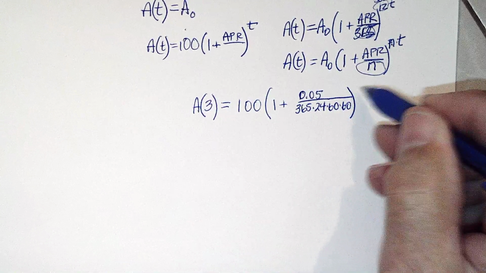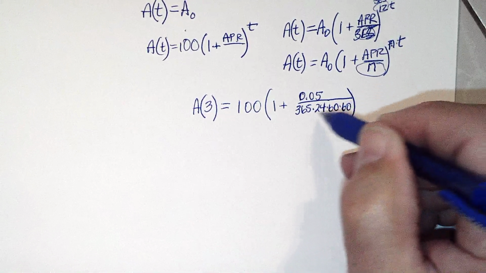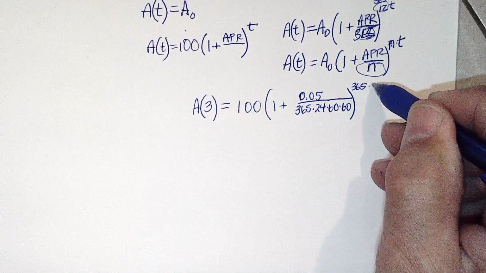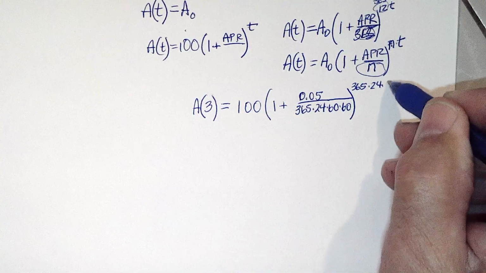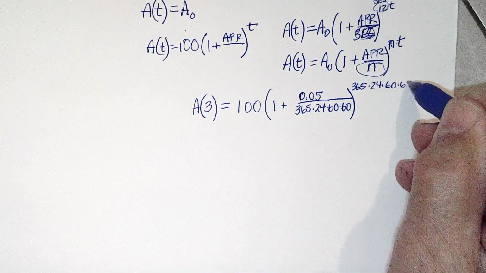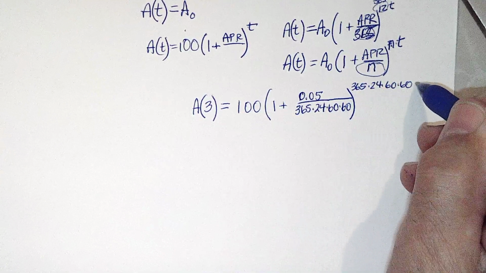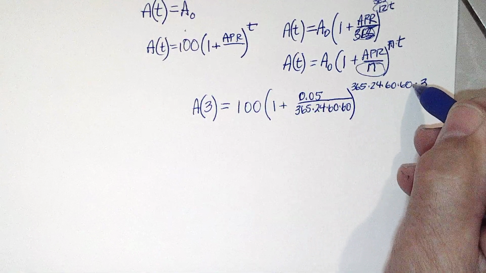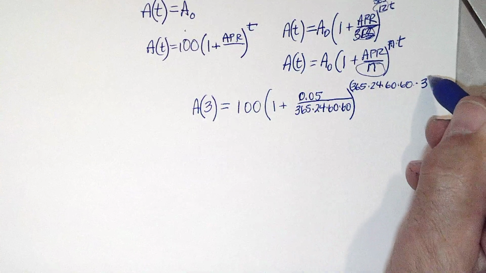And then I have to take it to the power. This number, 365 times 24 times 60 times 60 times the number of years. This much each year for 3 years.